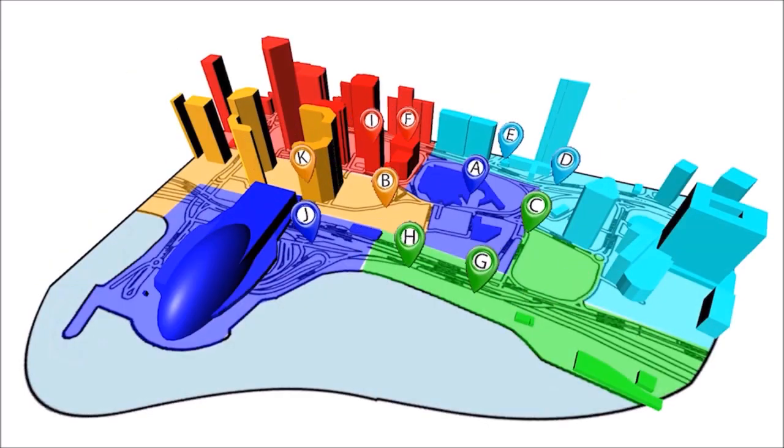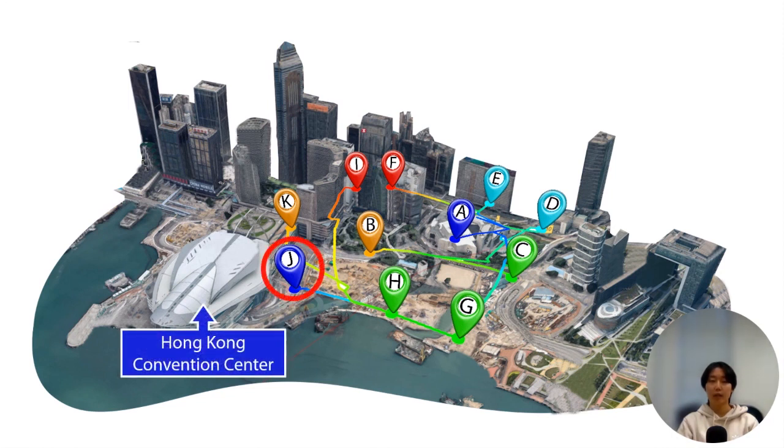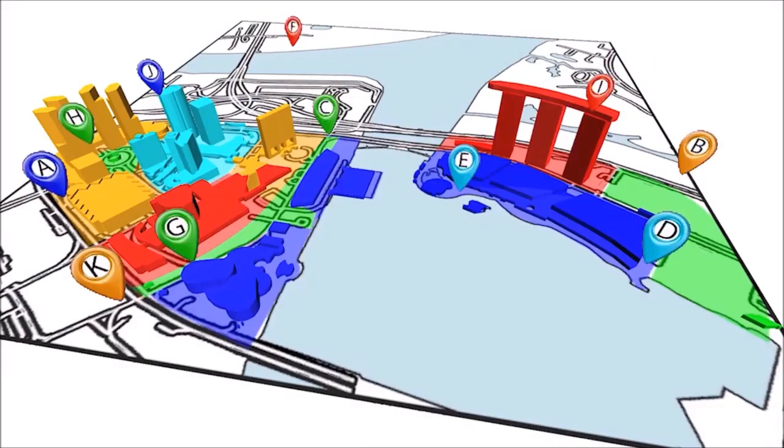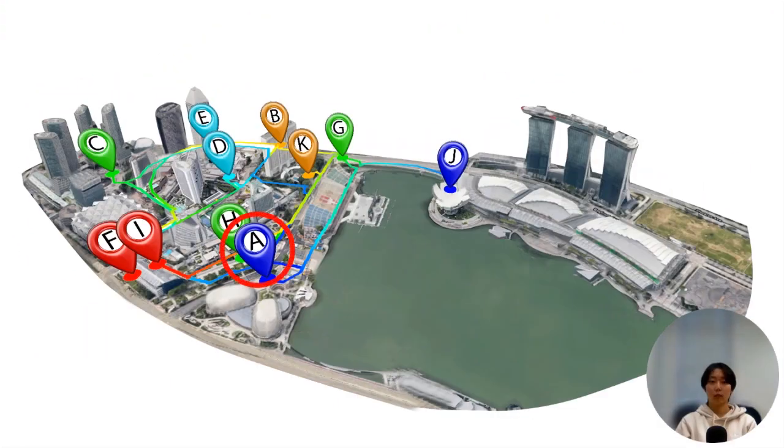In the Hong Kong Convention Center, Event J is placed in an institution zone and happens near the convention center. Here is Marina Bay Sands, Singapore. In this result, Event A is placed in an institution zone and happens near an art school.